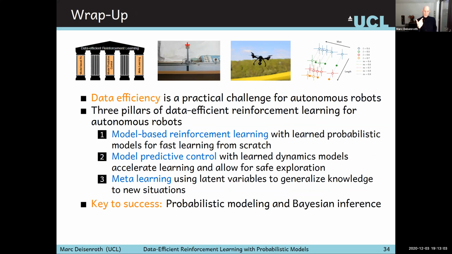Then we looked at model predictive control with learned dynamics to accelerate learning and allow for safe exploration. And then the meta-learning approach in the last part uses latent variables to generalize knowledge to new situations, which also accelerates learning. But key to success in all of these approaches was probabilistic modeling and Bayesian inference.